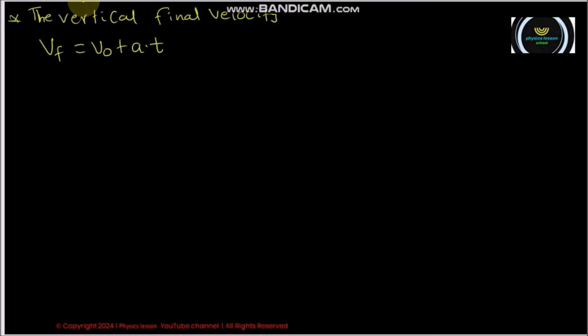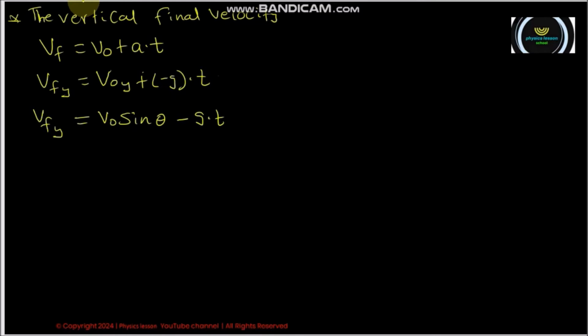We have V final across the y is equal to V naught across the y plus acceleration, we have negative g times t. Then V final across the y is equal to V naught sine theta minus g t.